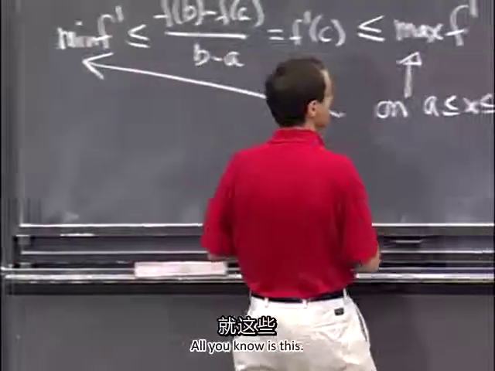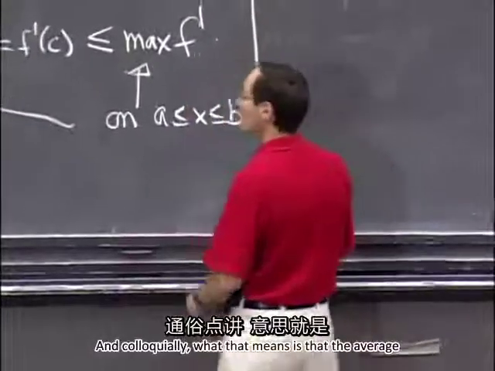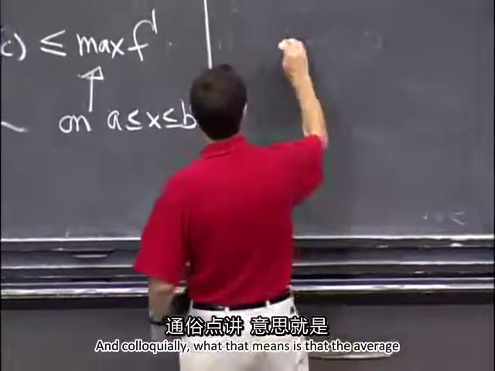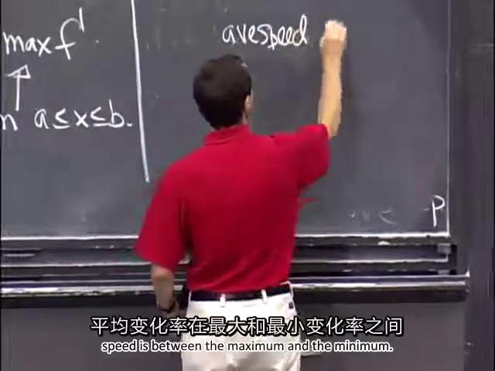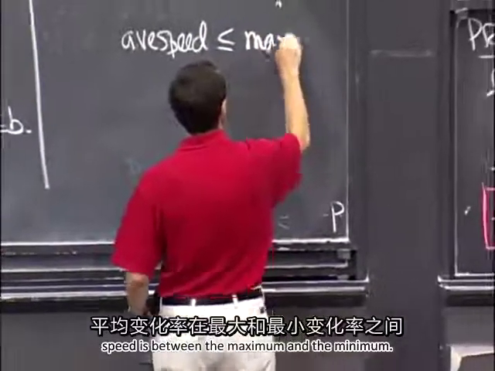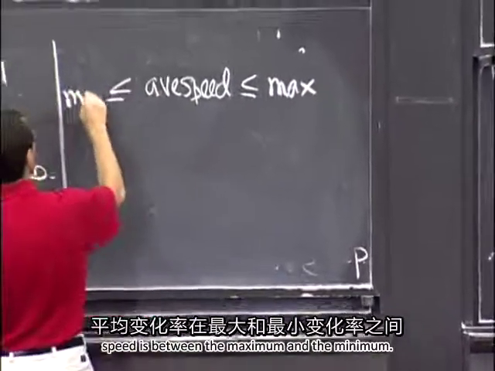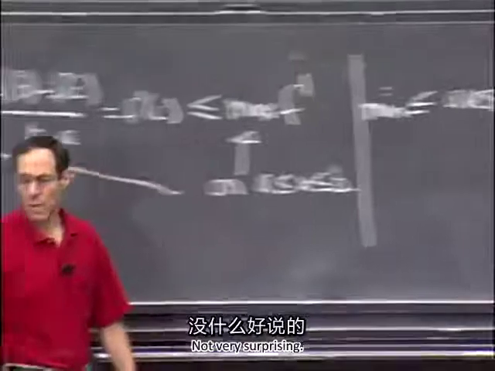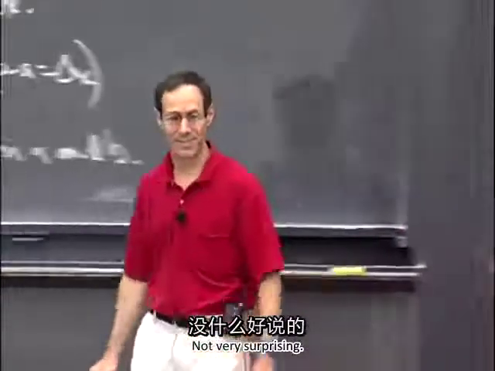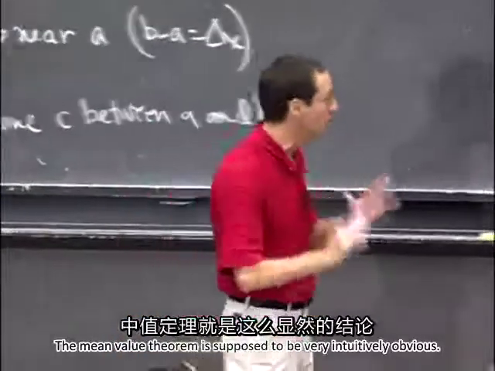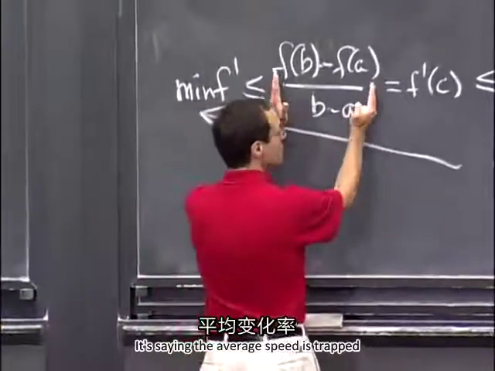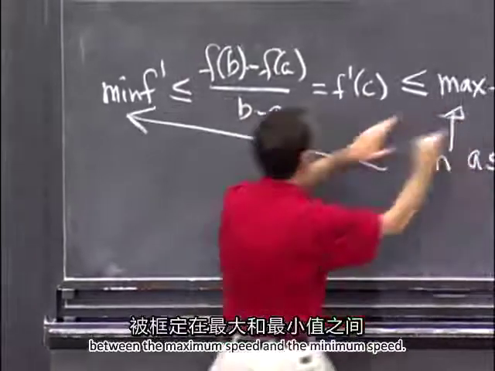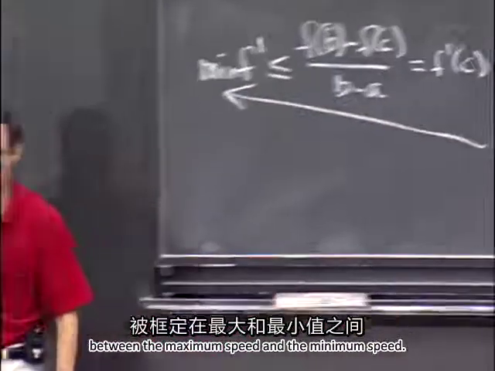All you know is this. And colloquially, what that means is that the average speed is between the maximum and the minimum. Not very surprising. All right? The mean value theorem is supposed to be very intuitively obvious. It's saying the average speed is trapped between the maximum speed and the minimum speed.